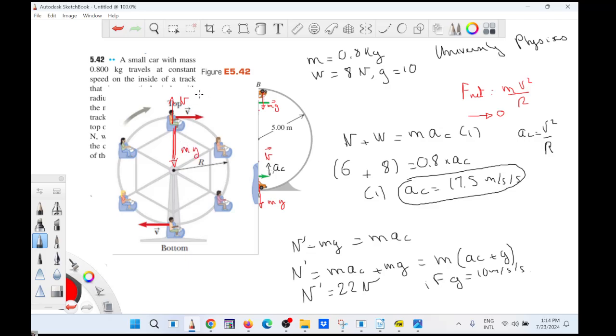So if down is positive, the acceleration is down, so this is positive, this is negative. So in that case, you have that mg minus N equals mass times acceleration.